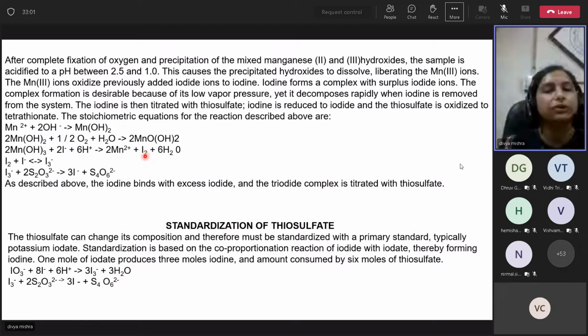This liberated iodine will combine with the surplus iodide ion to give you the triiodide complex, which will be titrated with sodium thiosulfate. Now here we should use standardized thiosulfate, and it is standardized by using potassium iodate.